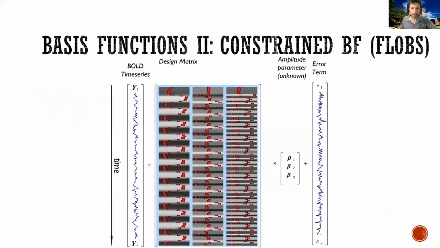So for example, this is one example with 3. You have one that kind of looks like a canonical, and then you have these other 2 functions. And together, they give you great flexibility in modeling precisely somebody's HRF. The problem is that, yet again, you're left with 3 or more parameters. And again, they're hard to interpret.